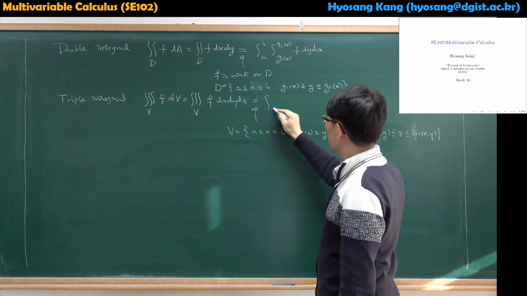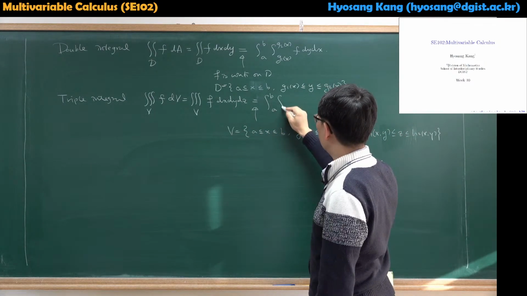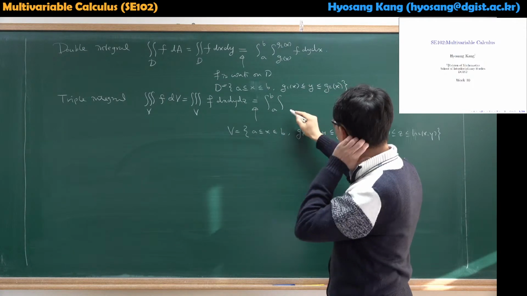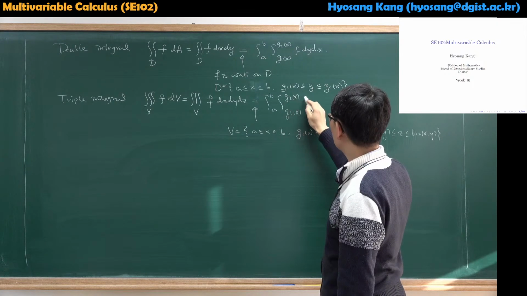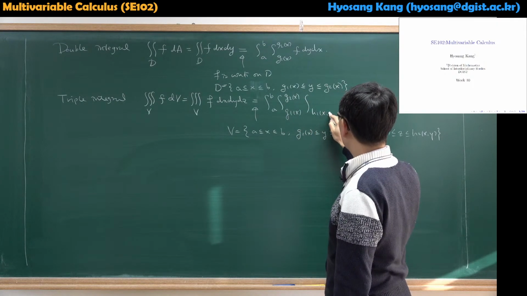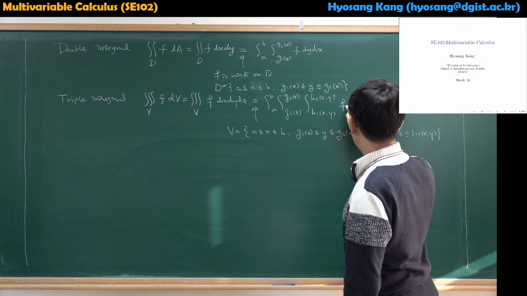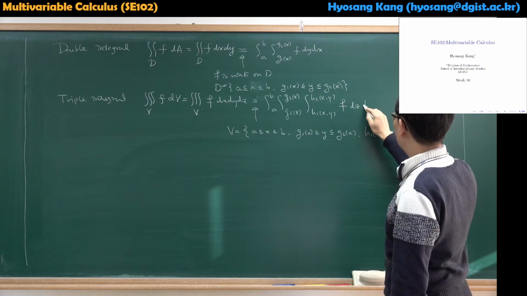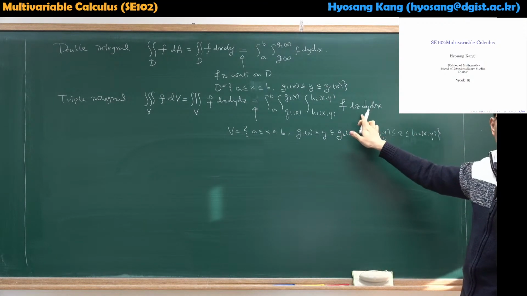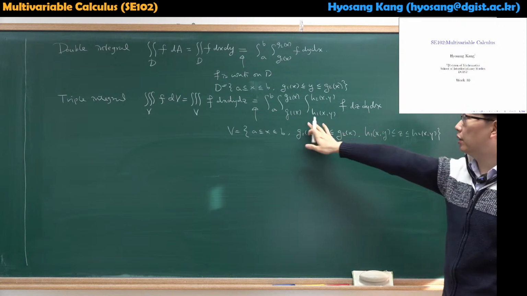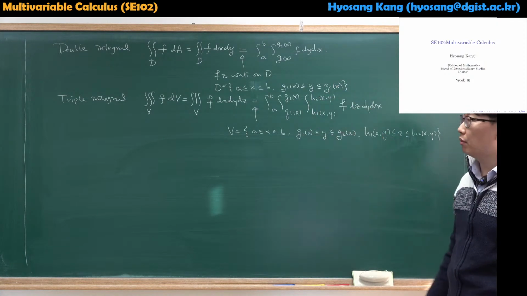Then you can compute this triple integral using three iterated integrals, g1(x), g2(x), and h1(x,y), h2(x,y) of f dz, dy, dx. Again, the order of this dx, dy, dz is important in the iterated integral because it gives you the order of integration.